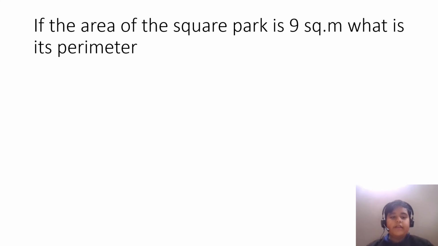Now we'll move to our next question, which is, if the area of the square park is 9 meters square, what is its perimeter? So now we know that the area is taken out after multiplying side into side in a square. So all the sides of a square are always same.